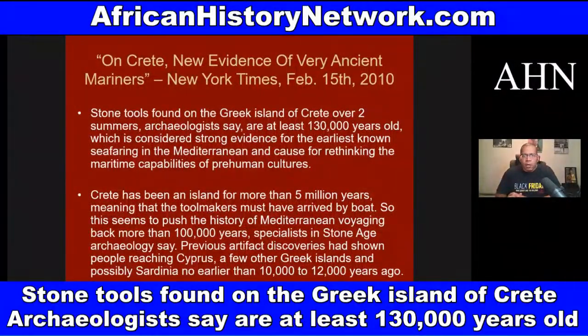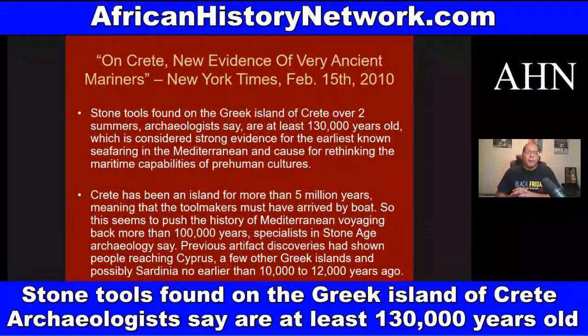On Crete, new evidence of very ancient mariners. On February 15th, 2010, this article came out in the New York Times science section. It deals with a discovery made over the course of two summers.